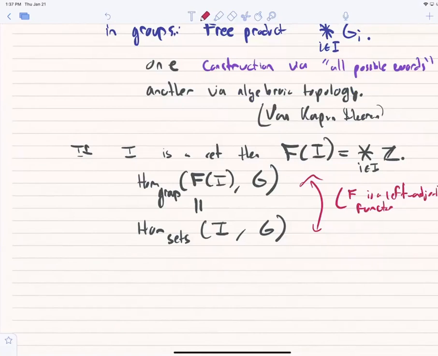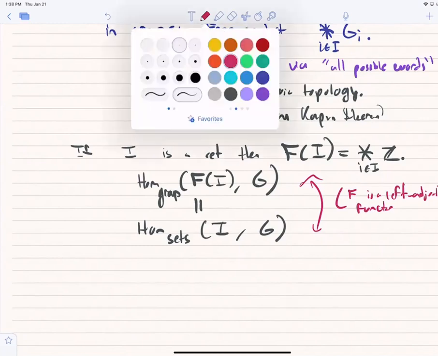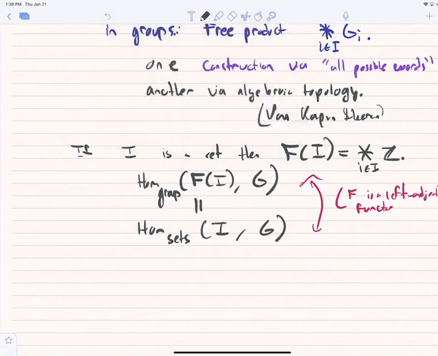Free constructions are always adjoint functors to forgetful functors. And if you don't have any idea what I'm talking about, you can either just forget that sentence, or you can look it up and you might be conceptually enlightened at some point for having done so. But this is a side note, this isn't going to play an important role in anything we do.